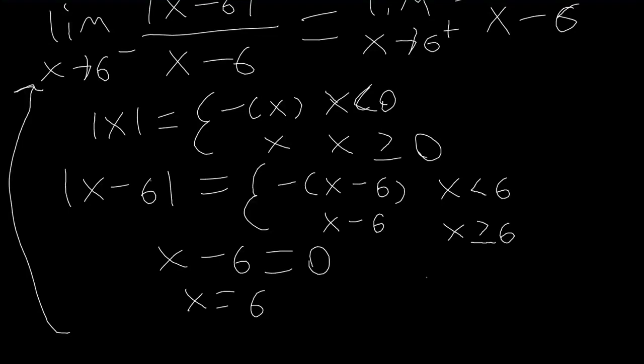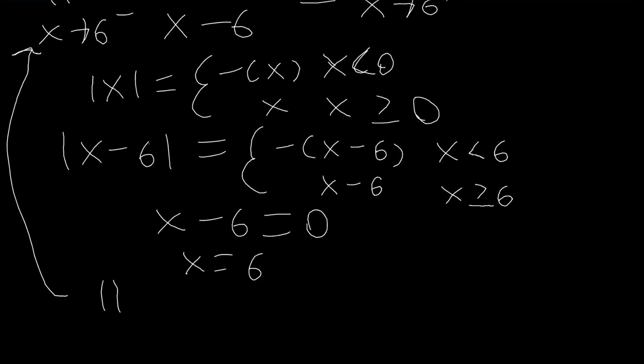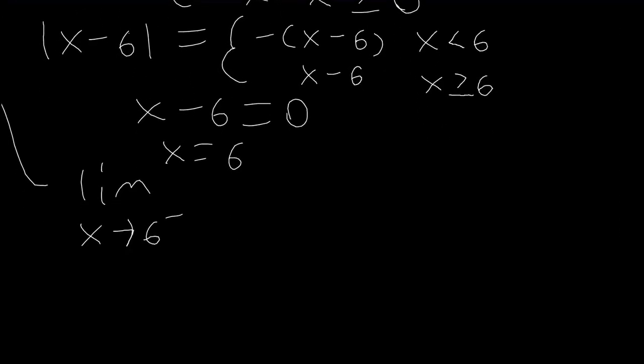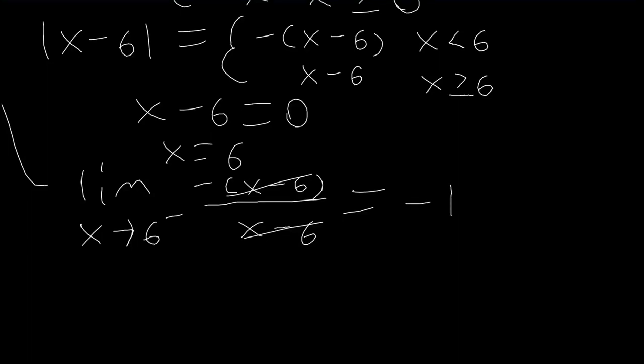So for the limit as x approaches 6 from the left, because it's from the left where x is less than 6, instead of writing the absolute value of x minus 6, we can just write negative parentheses x minus 6, and then this is over x minus 6. So these are just going to cancel, and then we find the limit is just equal to -1.